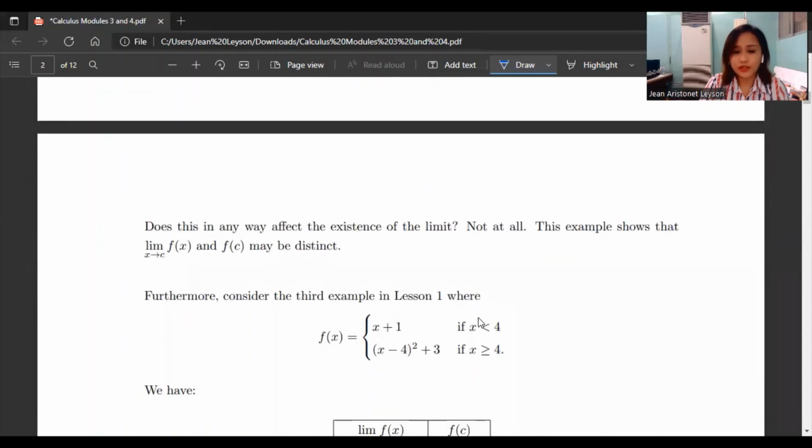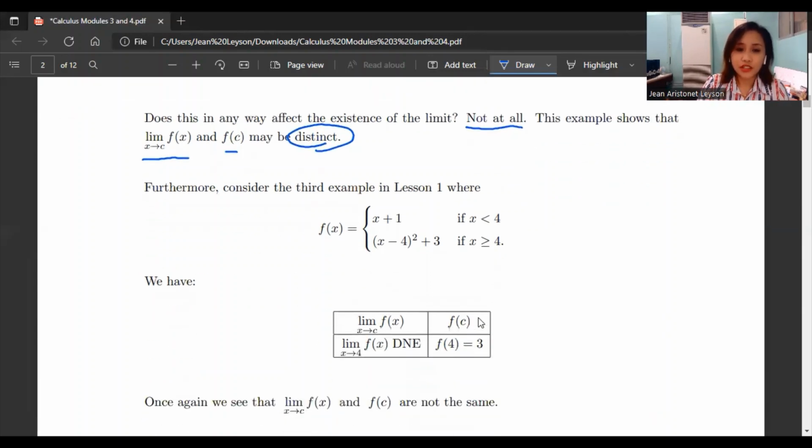So question, does this in any way affect the existence of the limit? The answer is not at all. This example shows that the limit of the function as x approaches C and f of C may be distinct. So there will be times that those values will be equal, and there will be times that those values will be unequal.